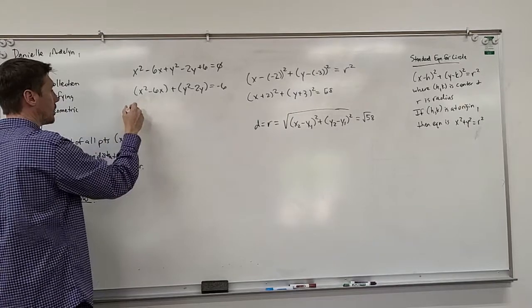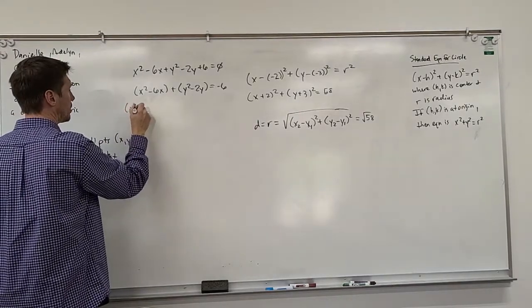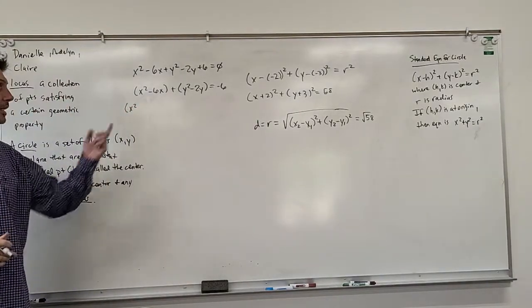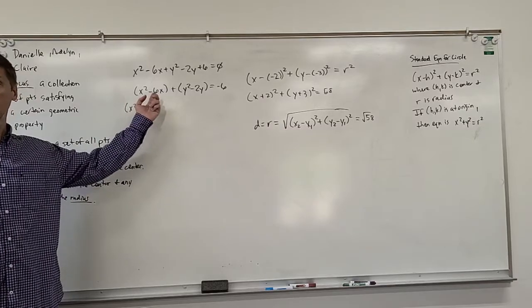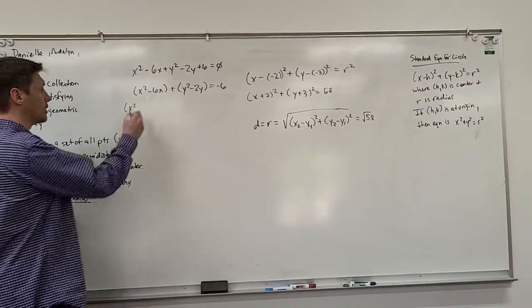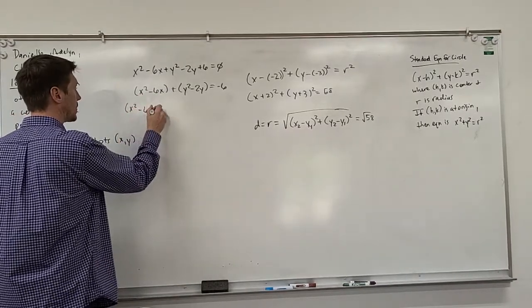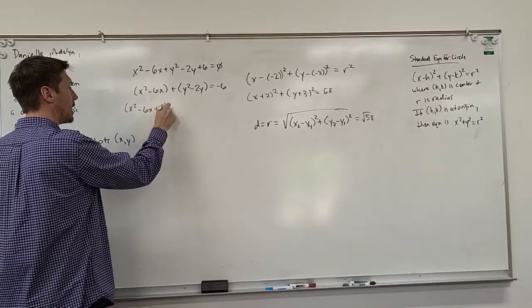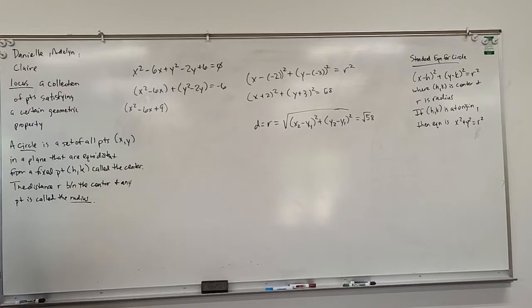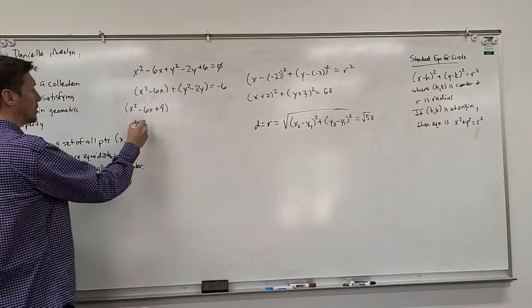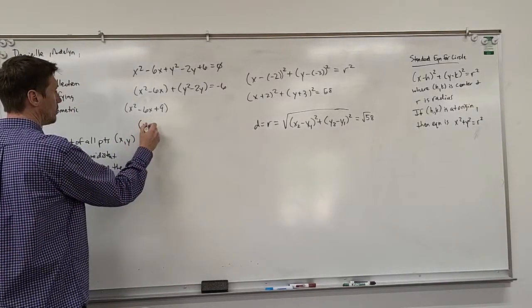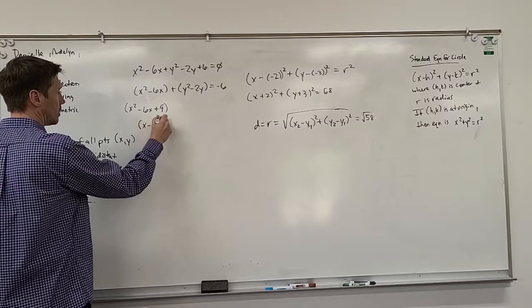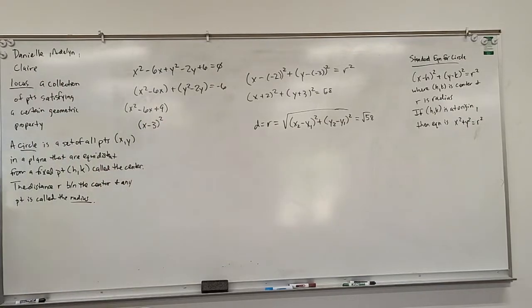So when I complete the square with this, I get x squared. How do I complete the square? I take half of this middle term, and then I square it, right? So this stays 6x, but then half of that, which is 3, squared is going to give me 9, so I add a 9 in there. And what happens when I do that is that allows me to then say this is going to be x minus 3 squared, right?